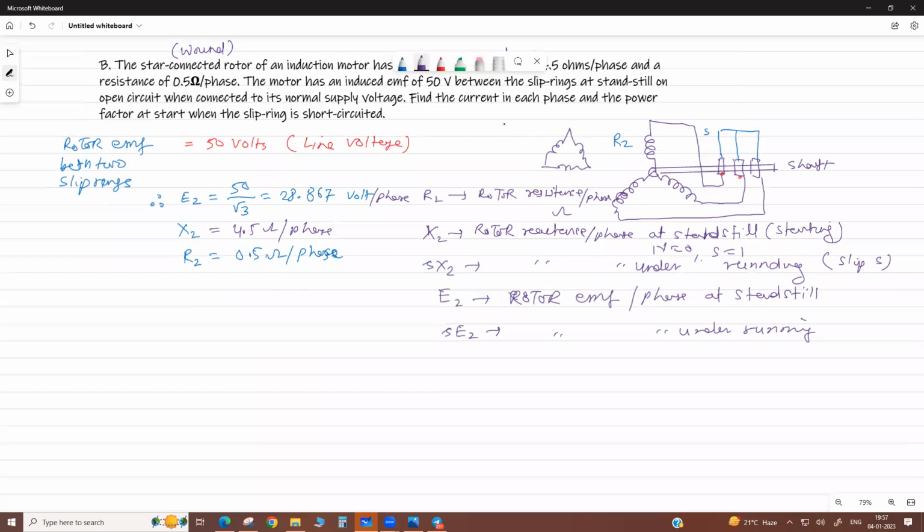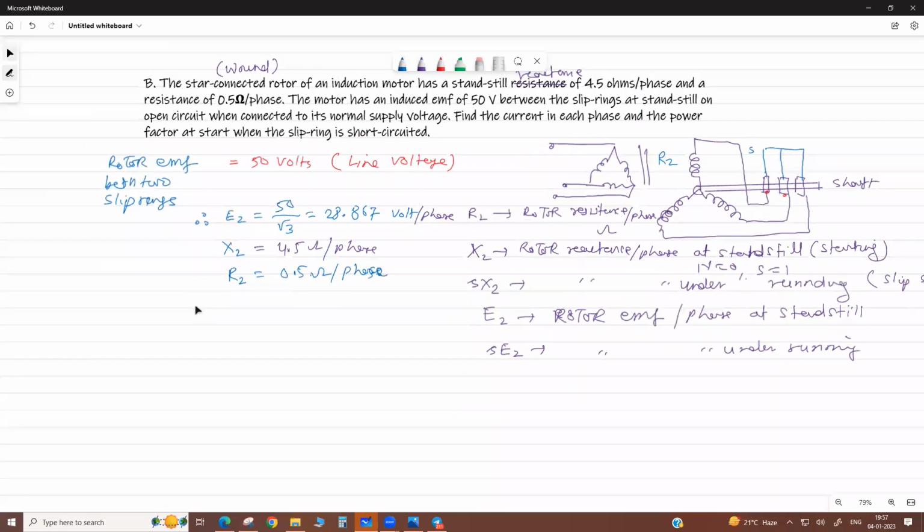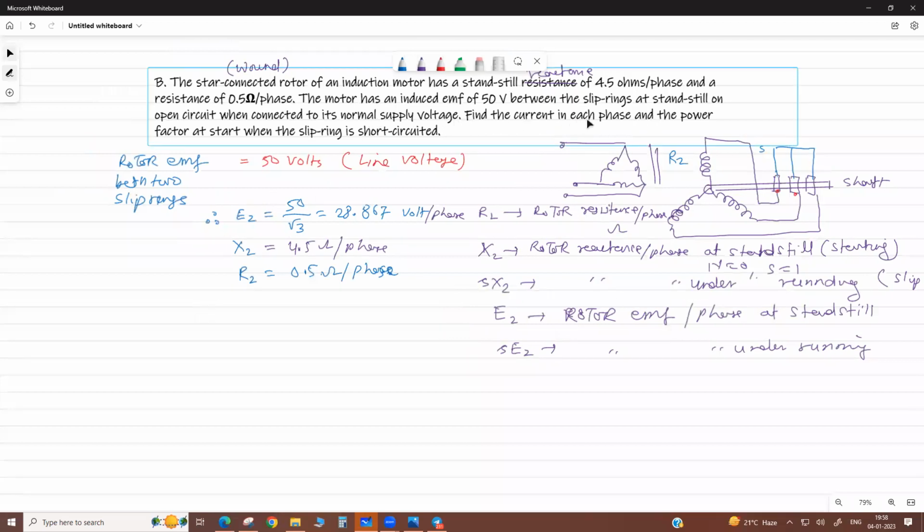This is your stator, where we give the rated voltage, and this is the rotor. So when we do the open circuit test and open this, we measure this voltage under open circuit. Now when the slip rings are short circuited, he says to find the current and power factor at starting.